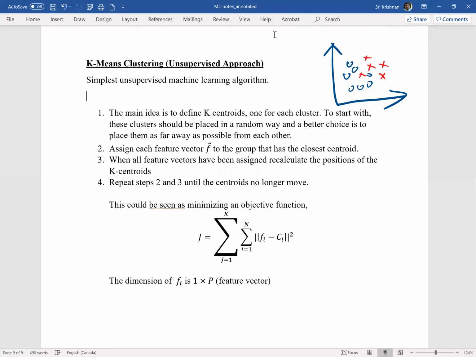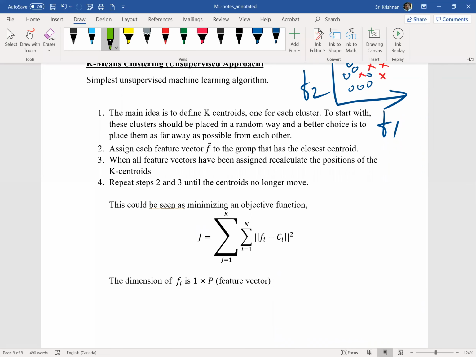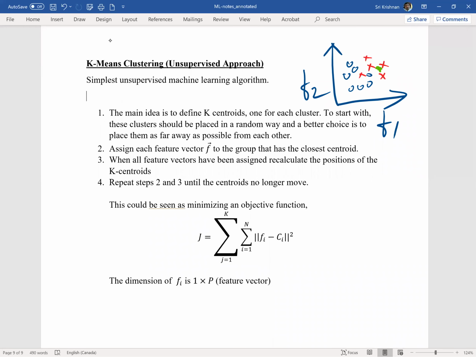In the x and y axes we have two features, let's call them feature 1 and feature 2. The idea is that using these features we will define k centroids, which are geometrical means. Randomly, let's assume we start with 3 centroids. I would take one here, another one here, another one there.